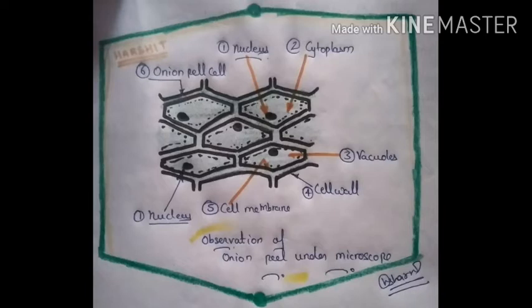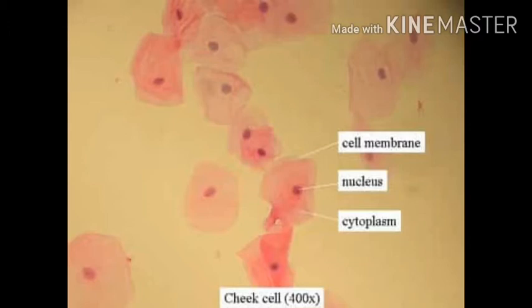Now what is their function? These provide protection to the cells. Inside the cell there is a vacuole. Before the vacuole, we consider that in the center there is a nucleus.